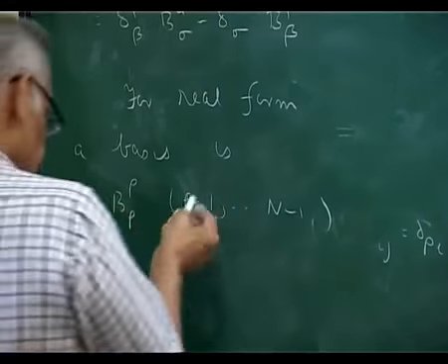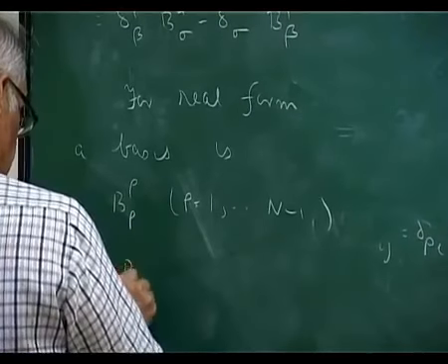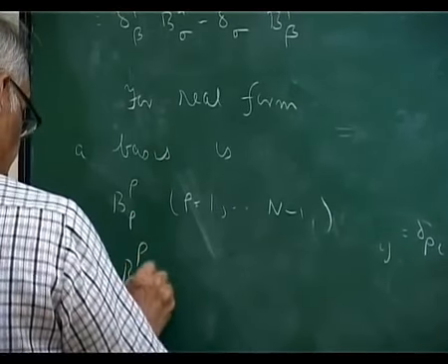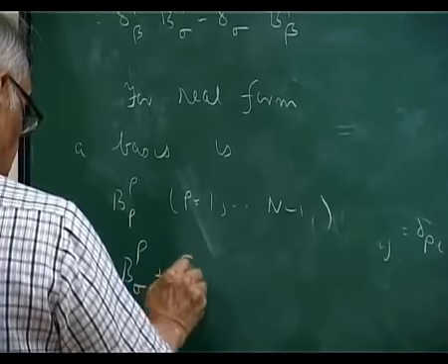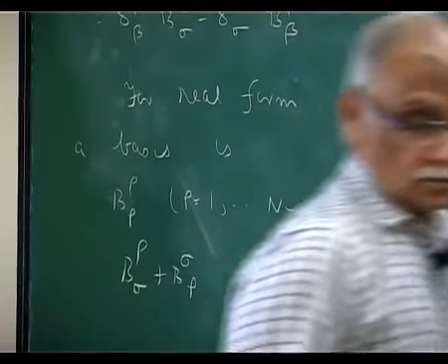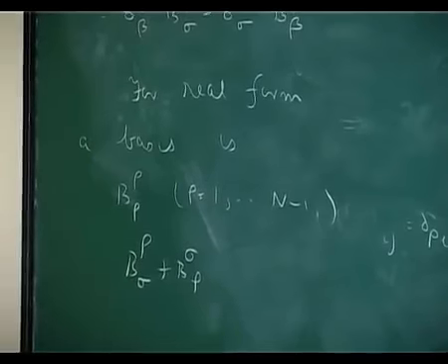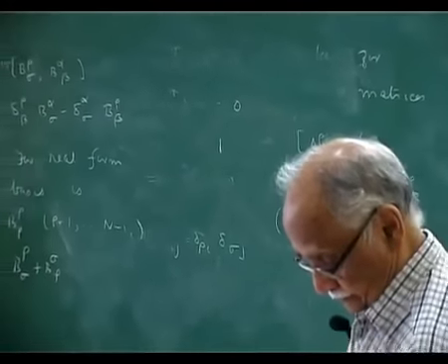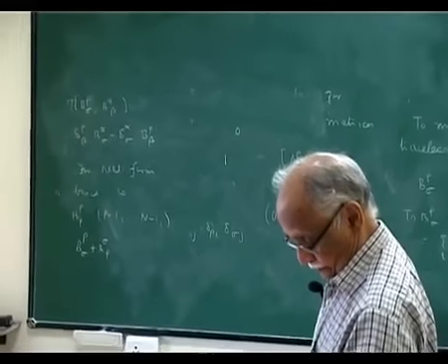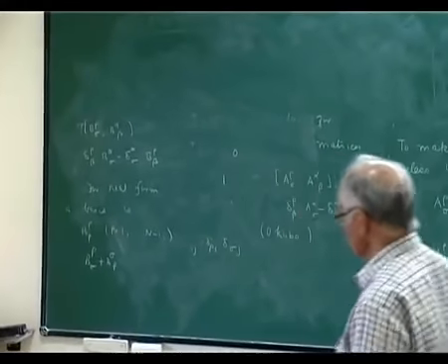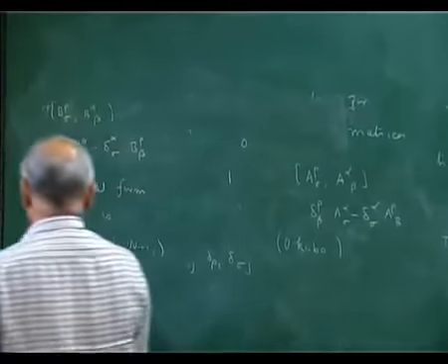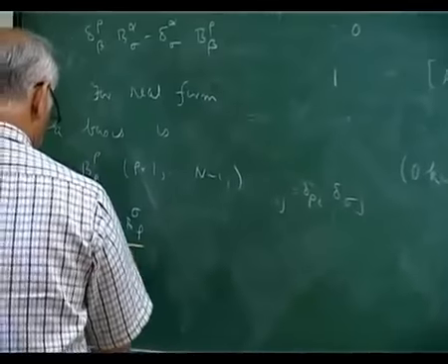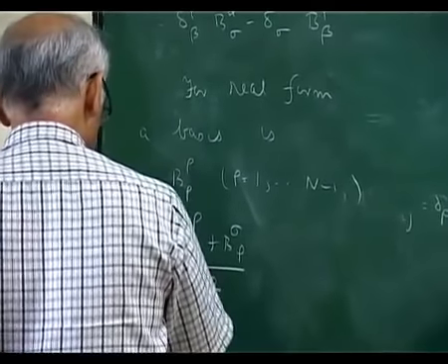And then I can take B rho sigma plus B sigma rho, let me get the coefficients right, over 2, but I want anti-hermiticity, so I put this.